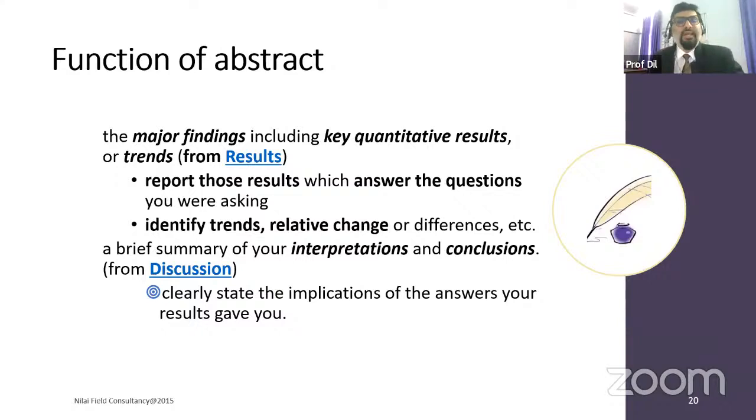Identify the trends or relative changes that you have to mention. So finally, it goes towards interpretation and conclusion. These are the contents required, with which we need to look at the possibility of excitement. By just reading the abstract, you need to get proper excitement among them.